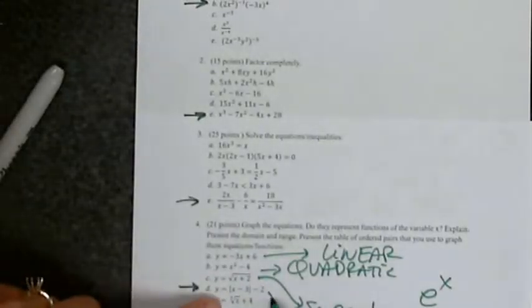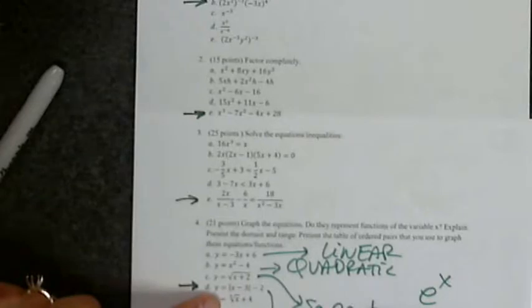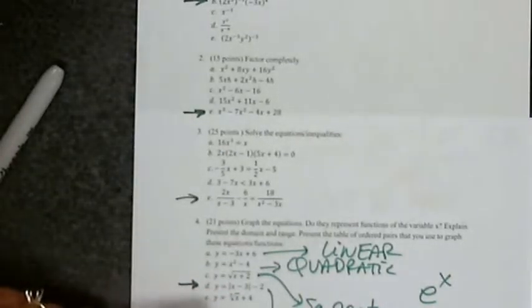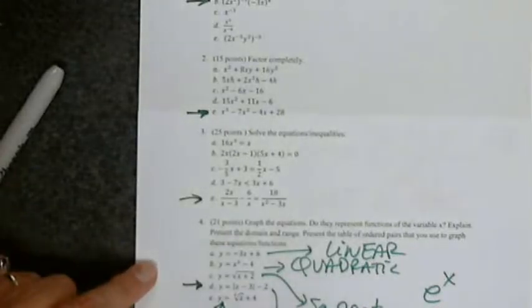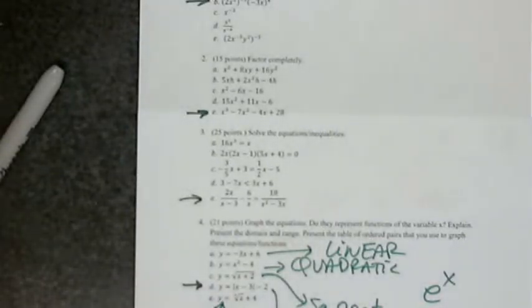Next one. Does it have a ratio? No. Radical. Square root. Very good. Next one that we picked. Of course. Absolute value function. Good. And the last one. Cube root. Very good.